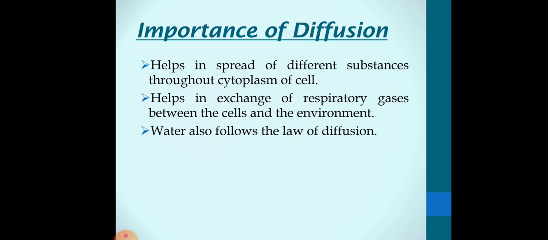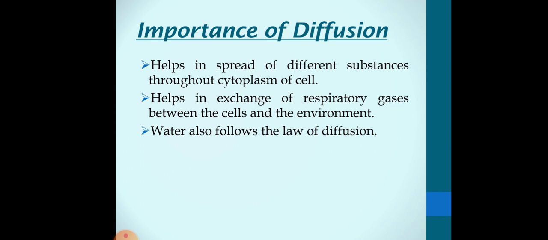So the concentration of oxygen outside the cell is, suppose, 21%. That is, in the atmosphere we have a high concentration of oxygen. Inside the cell oxygen is not present, or it is in lesser amount, so oxygen will move from outside to the inside of the cell by the process of diffusion.